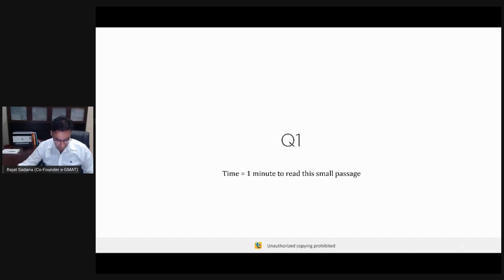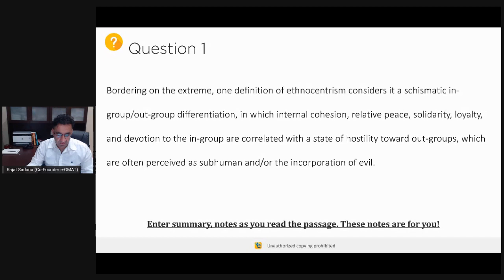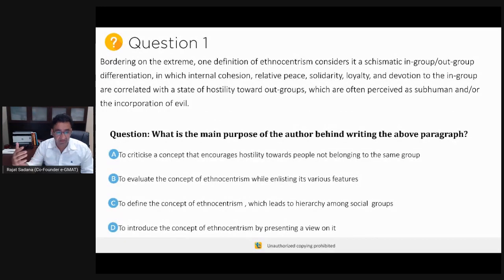But in case you do, the stuff will be there, but do not put in your answers over here. All right? It's about a minute to read the passage, and then about another minute and a half to answer questions. So here is the passage with the question. I'm going to pause myself. I'm going to take the camera off so that you can focus on answering the question.